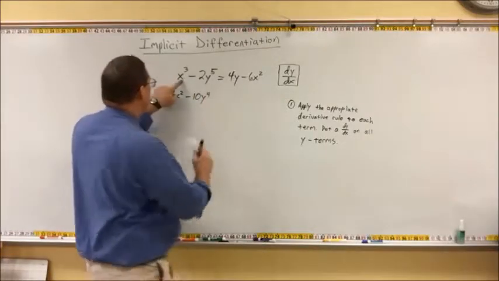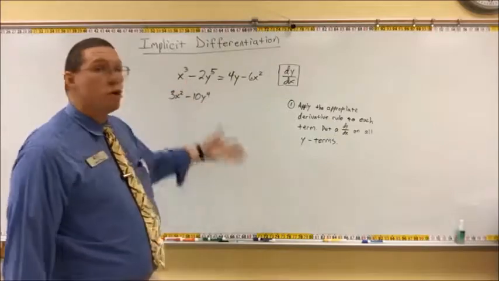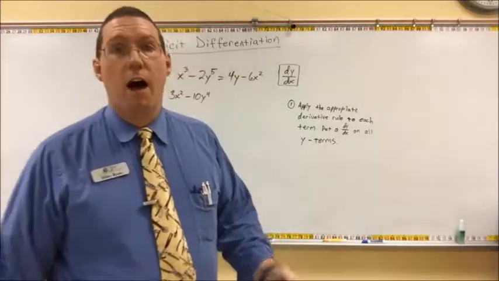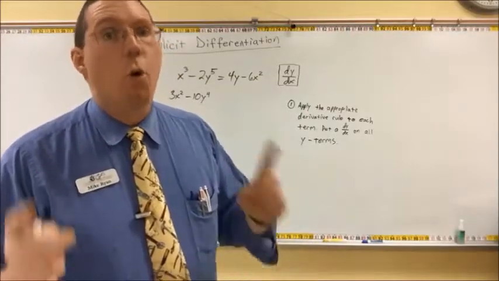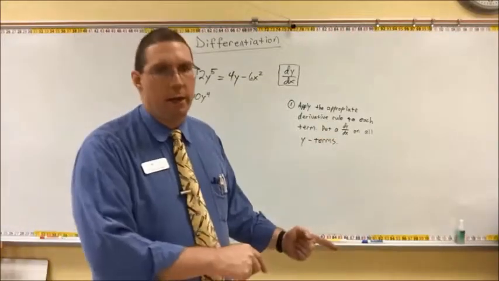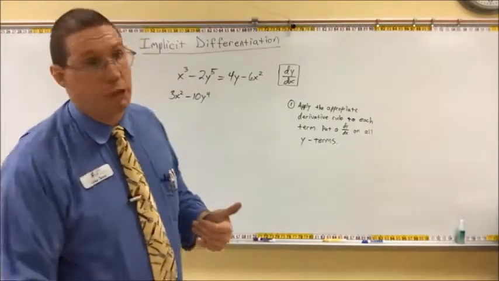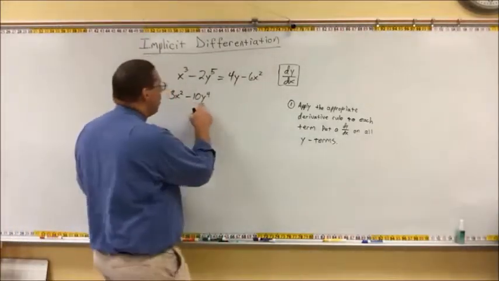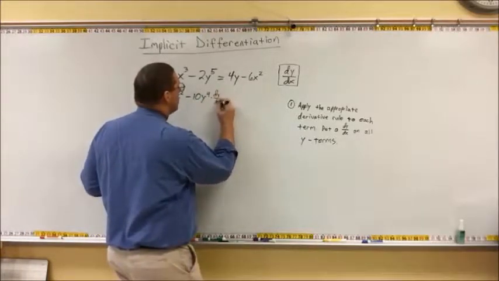So we've got 3x squared minus 10y to the 4th power. Now, because we just did the derivative of a term that had y in it instead of x, we're going to put on a dy dx, and it's being put on through multiplication. So it's going to be 10y to the 4th times dy dx.